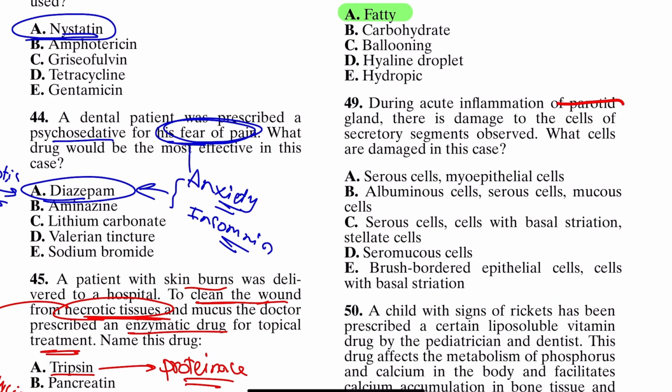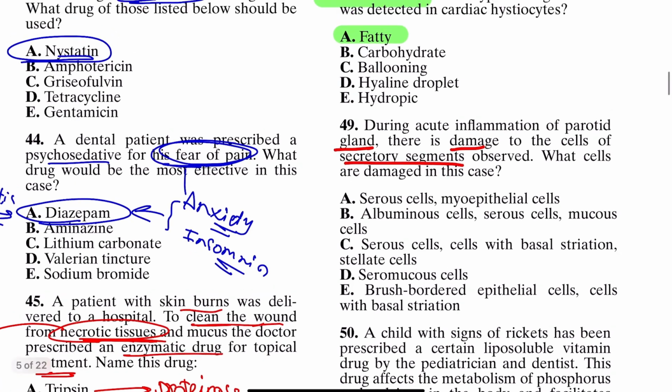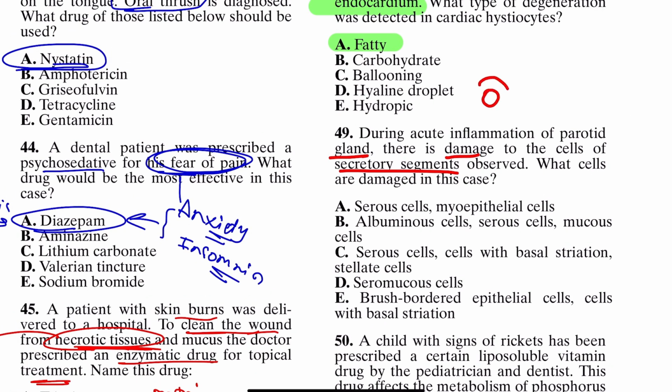Here we see the parotid gland. There is damage to the cells with secretory segment. What cells are these? So you know all salivary glands have a secretory part and a duct that will deliver its secretions. This secretory part is composed of cells.